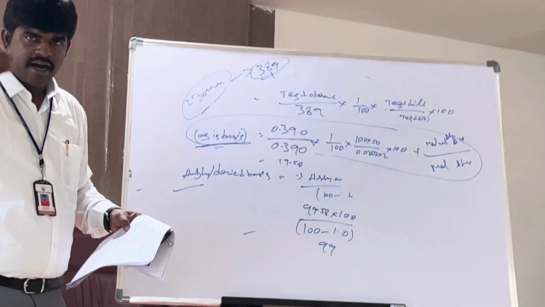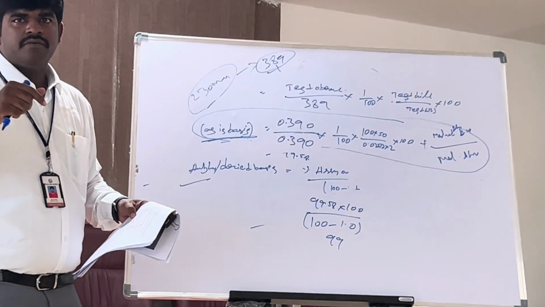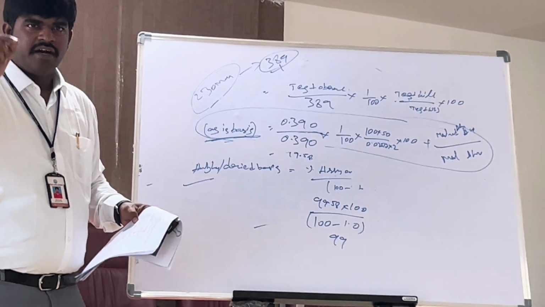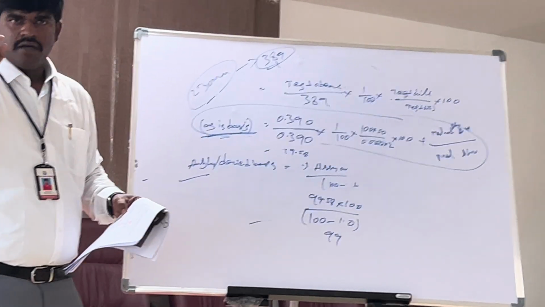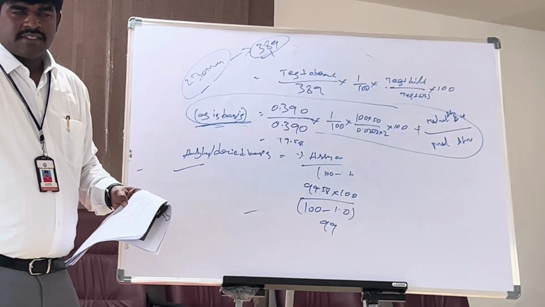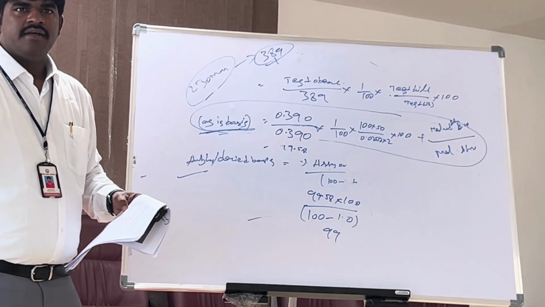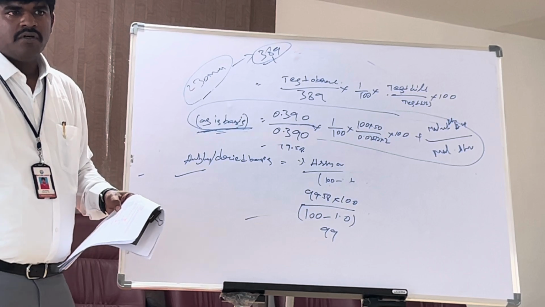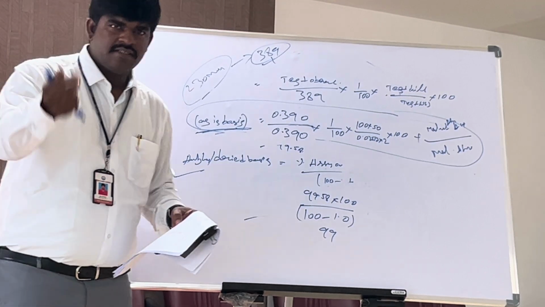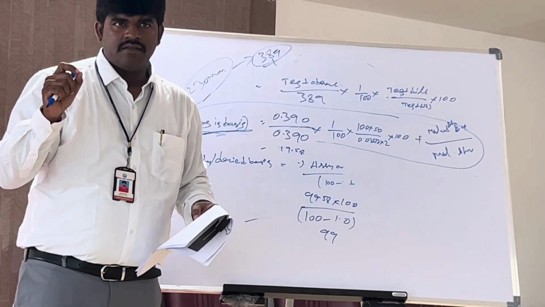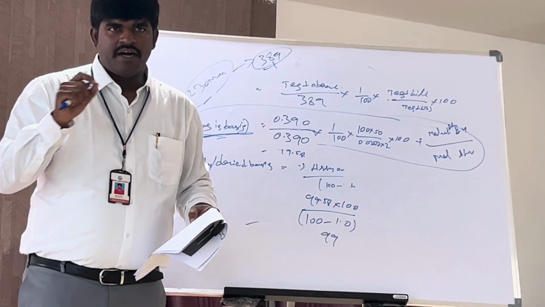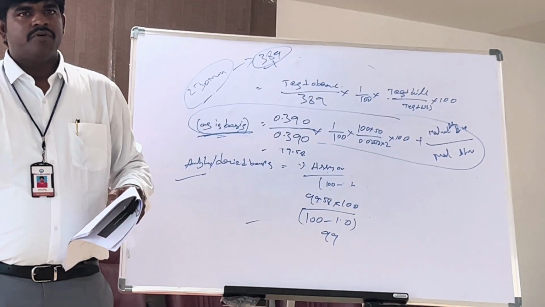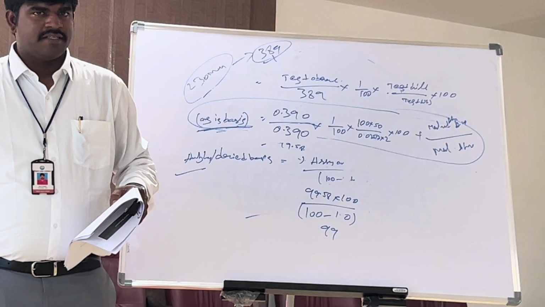So in those cases, test absorbance divided by the standard absorbance, into standard weight divided by standard dilution, into sample dilution divided by sample weight, into the potency, if there is a potency, you mention the potency.